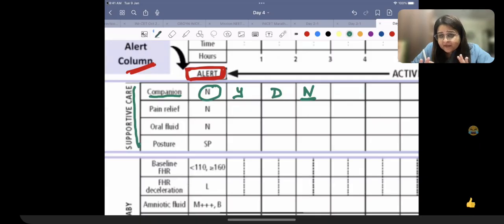Alert means you have to now take corrective measures. You can't not give a companion. You have to give a companion to the patient. So N is where you have to get alert.